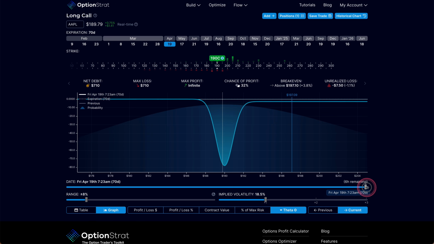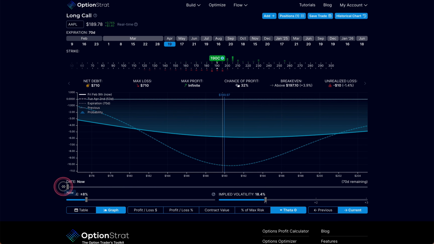And then I get all the way down here a day or two to expiration, and I'm decaying very, very rapidly at that point. So that's how we need to look at this. We need to understand that this particular position, a long call, has negative theta that is costing me money out of my pocket every day to hold this position.